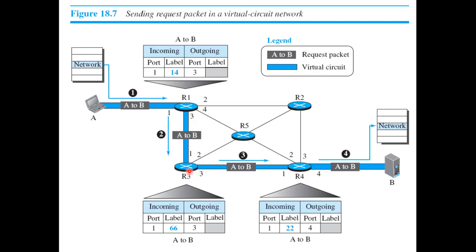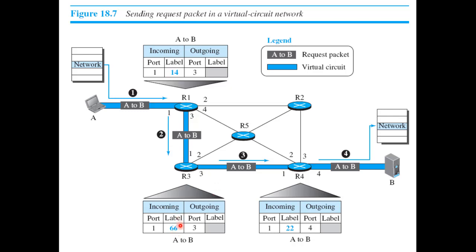Once this packet is received at router R3, it says that the packet is coming on input port 1 and needs to be sent to destination B. It finds that in order to reach destination B, it needs to forward the packet to port 3, and this router again uses a virtual circuit number, 66.